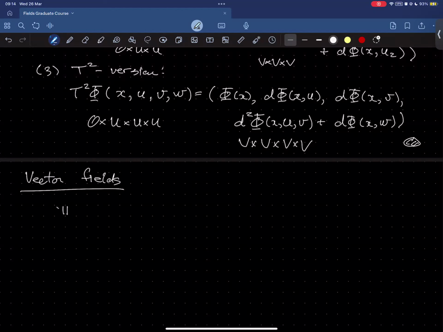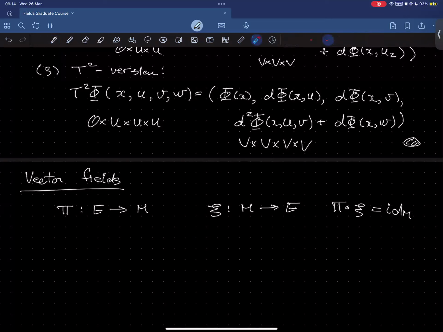If we had a vector bundle, we talked about a section as being a mapping from the base into the total space, so that when you project this down, you get the identity. As I said at the time, the picture there is that the section assigns to a point in M a point in the fiber over M. That's what that formula means. To each point you assign a point in the fiber, and so a vector field is just a section of the tangent bundle.